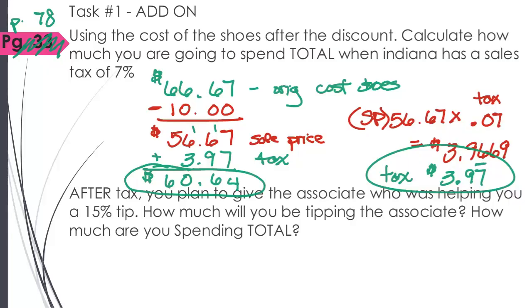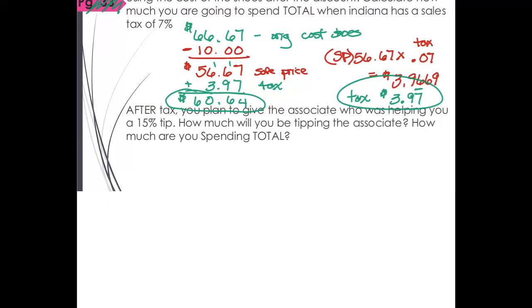But wait, there's more. After tax, you plan to give the associate who is helping you a 15% tip. How much will you be tipping the associate? And so how much are you spending total? After tax. So does that mean we're including the tax with our tip? Yes. So we're starting with this amount, $60.64.